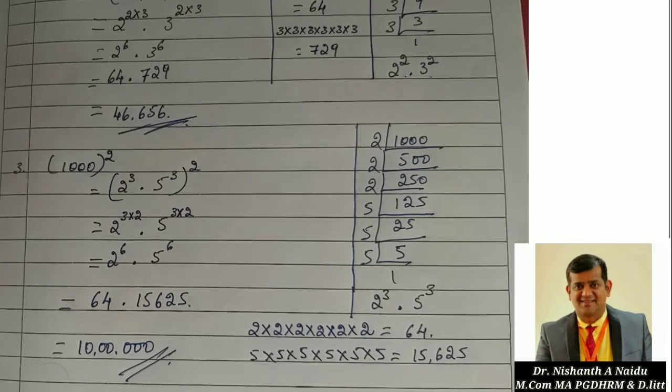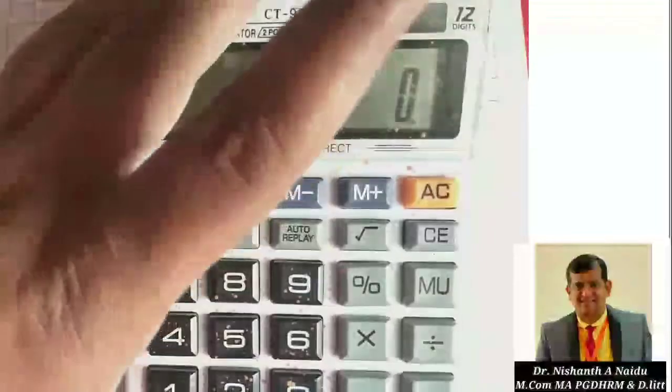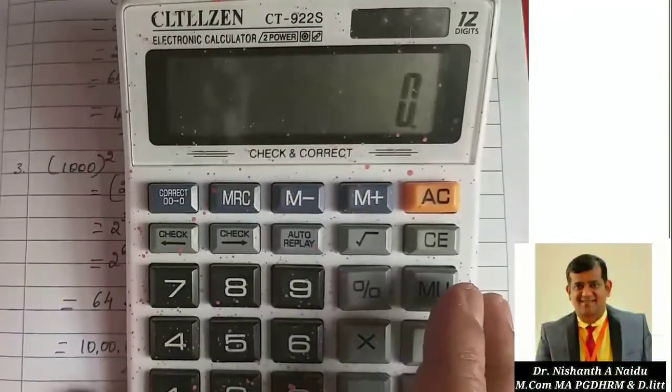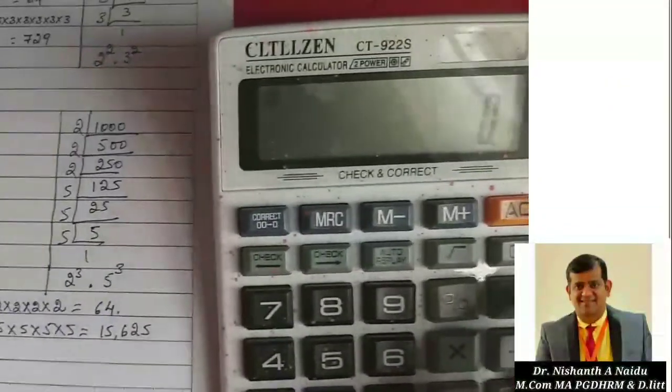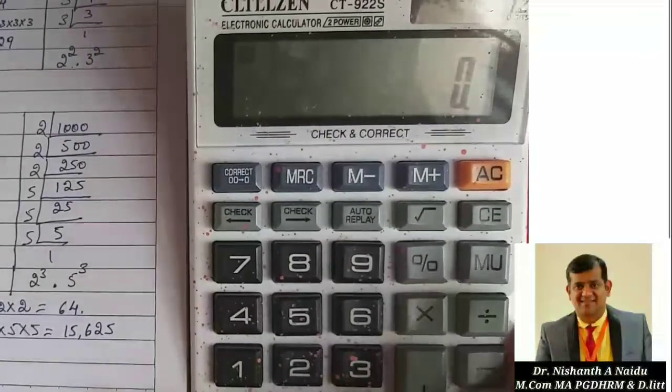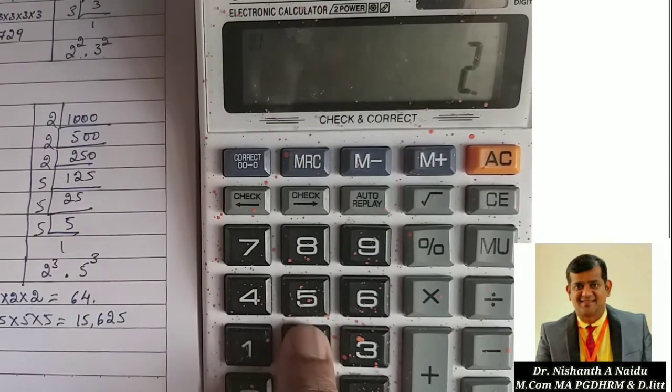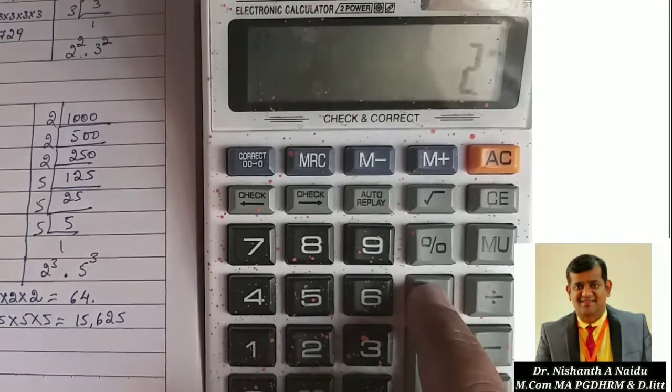See, take your calculator. Suppose now you have to do it, I'll show you. You have to identify 2 to the power of 6, correct? 2 to the power of 6, how many times? 1 2 3 4 5 and 6. So in such a case, first 1, that is 1.